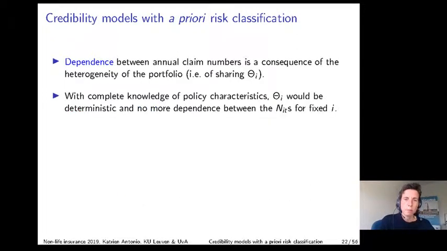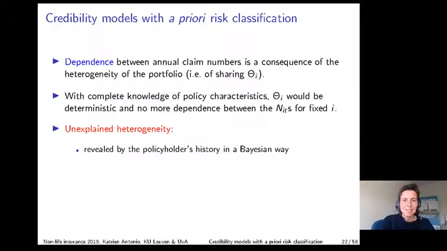Now this setup is a classic actuarial construction for experience rating. Dependence between annual claim numbers reported is a consequence of the heterogeneity of the portfolio, that is, of the fact that the random variable theta_i is shared by the variables N_it for fixed i, but where t runs over time.